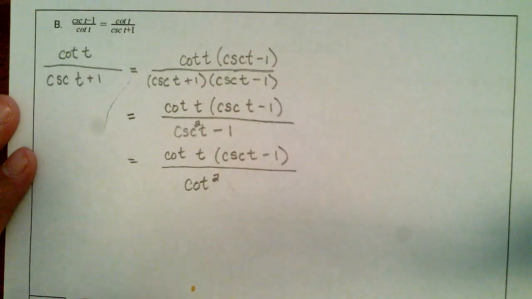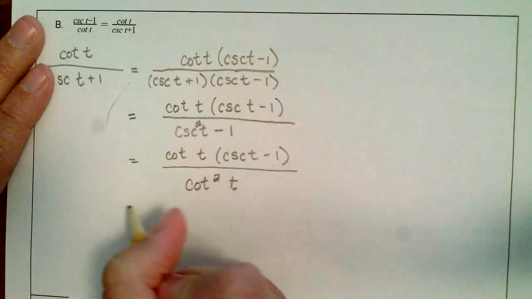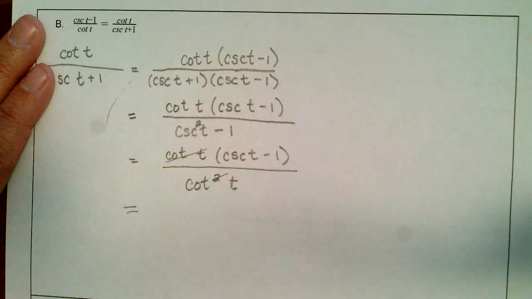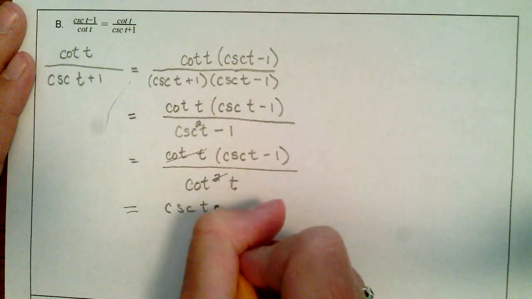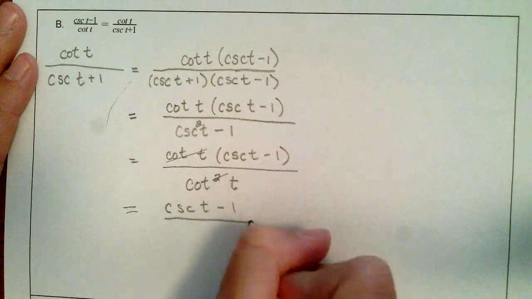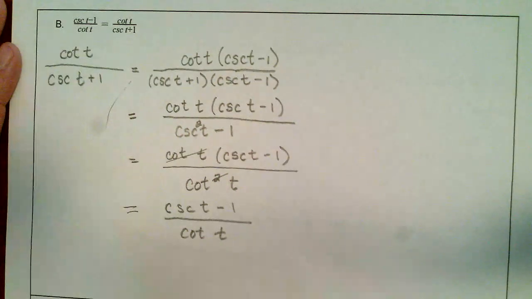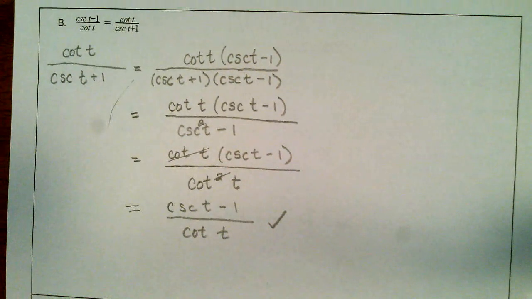Sorry about that. So now I can see that one of my cotangents is going to divide out, and I'm left with cosecant of t minus 1 over cotangent of t, which is what I wanted. So I have verified my identity.